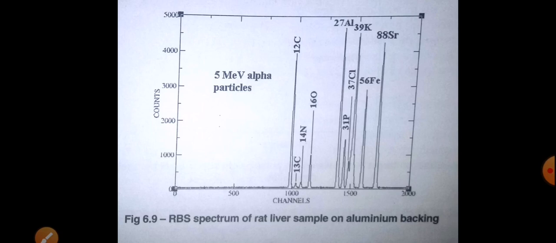Different peaks are obtained for carbon 12, carbon 13, carbon 14, oxygen 16, aluminium, potassium, chlorine, phosphorus, iron, strontium. For every element different peaks are obtained. Count is given on the y-axis and channel on the x-axis. So you can find out the count of the particles.